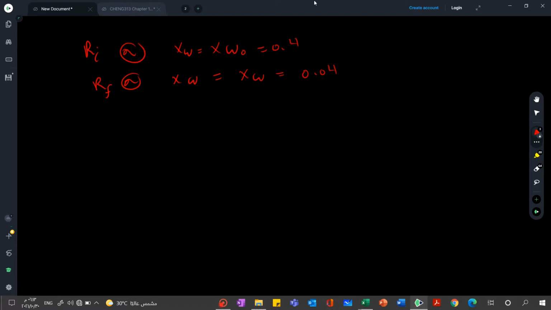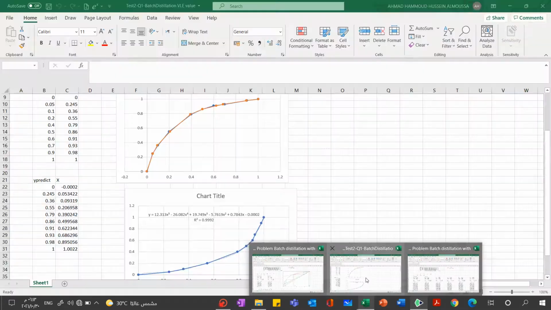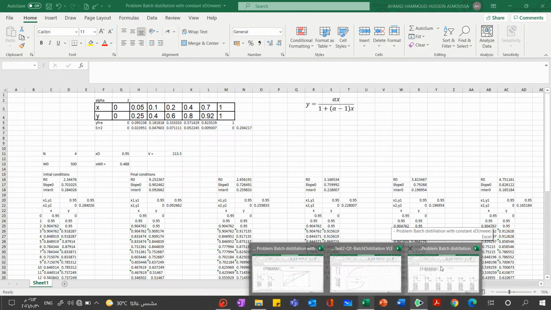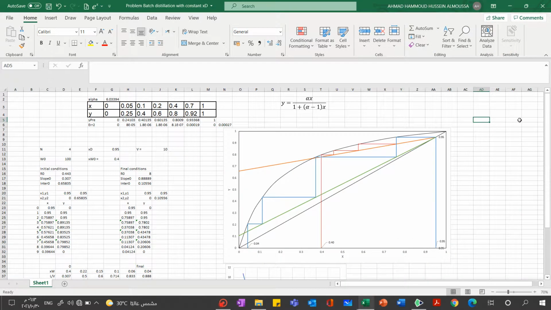So let's go to the Excel sheet now. As you see here, the doctor predicts the value of alpha, the relative volatility, here from Solver by a technique. I will leave this now.